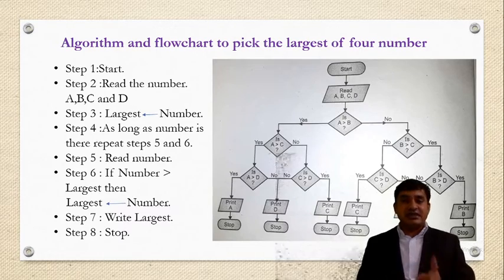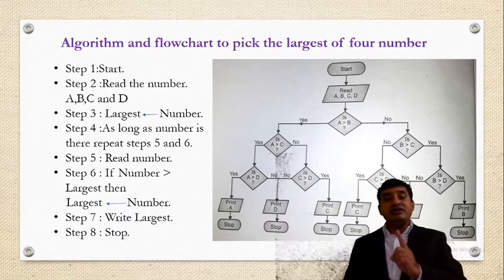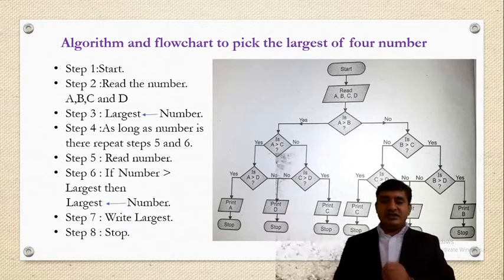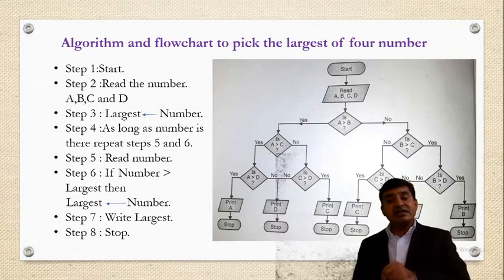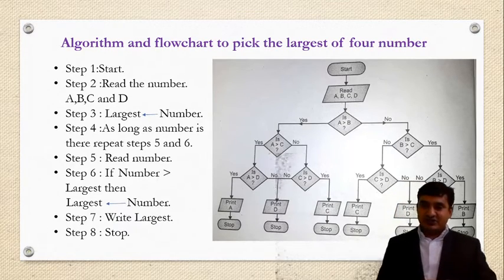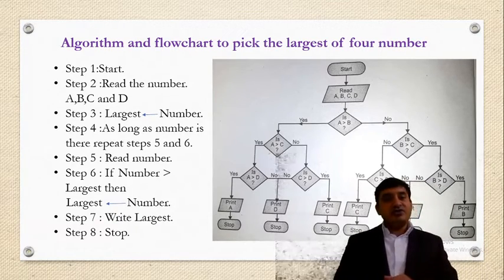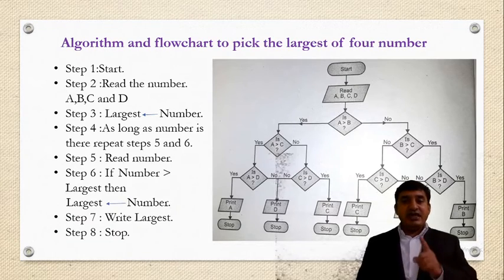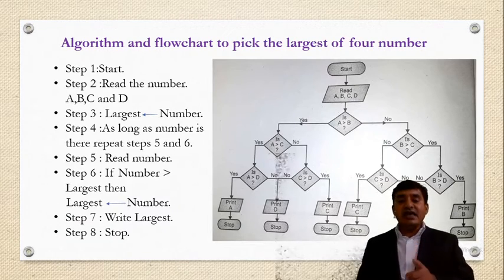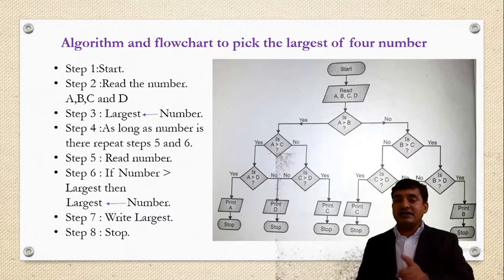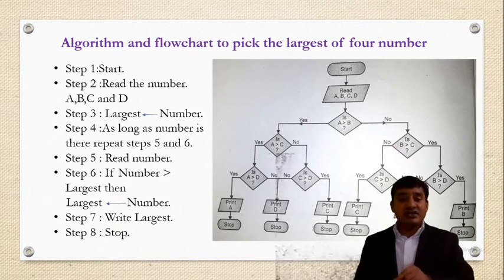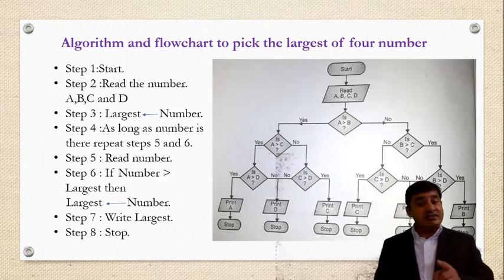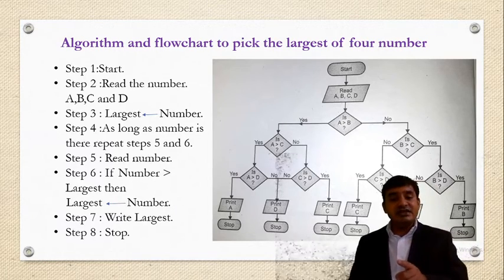But if A is greater than B is false, that is A is less than B, then check the condition: is B greater than C? If yes, is B greater than D, then B is largest. Now here, if A is greater than C is false, then check the next condition: is C greater than D?